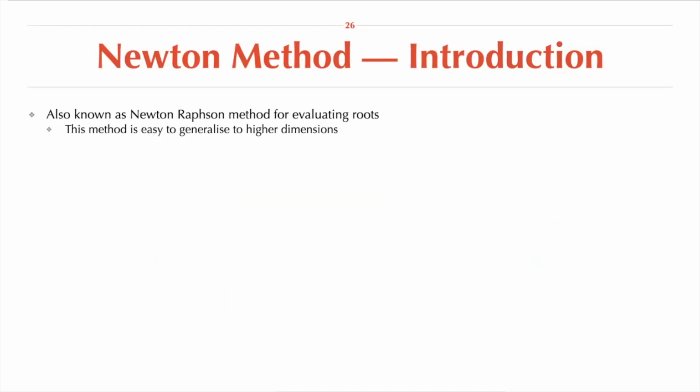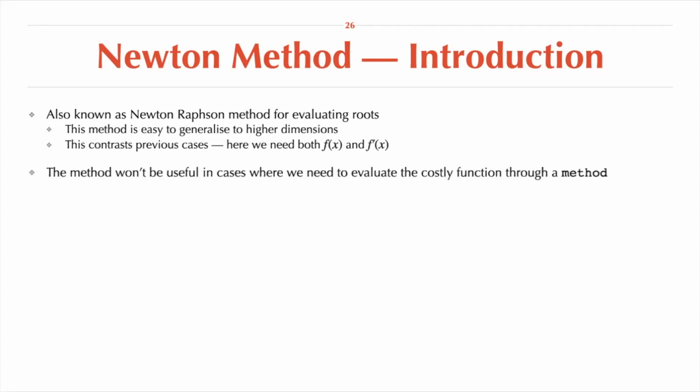One advantage is that it is easy to generalize to high dimensions, and the same thing happens with the fixed point iteration method as well. One difference here is that we also need to know the value of the derivative. We need to know the function value and also the derivative at a given point. Then you can use it.